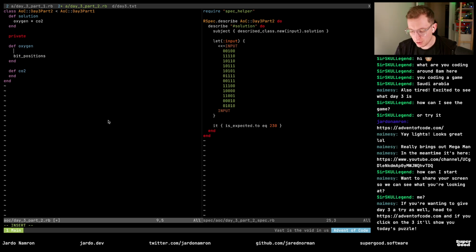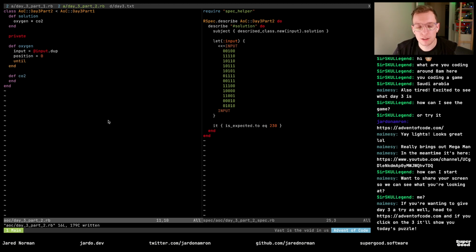So we got the input. Input equals input dup, so we'll just dupe the inputs. This is fine. And then we'll just go until, I don't know, position equals 0.